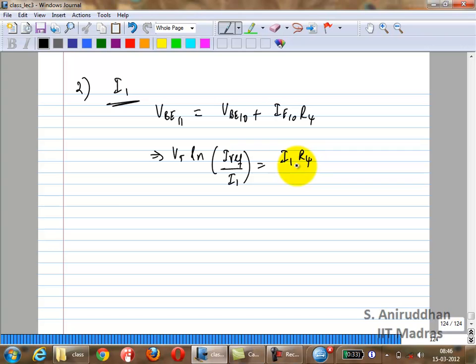You need to find out I1 from this. You can, I don't know, you can iterate, you can do whatever you want to calculate the value. I'll give you the value. Okay. I1 ends up being 19 microamps.